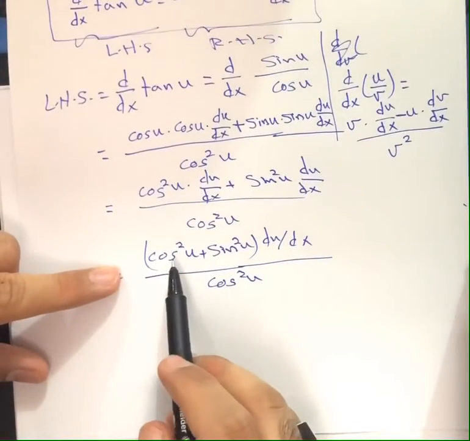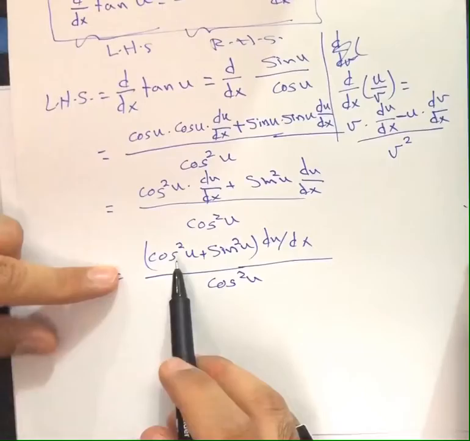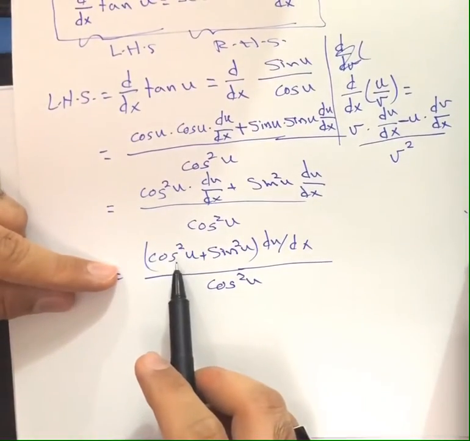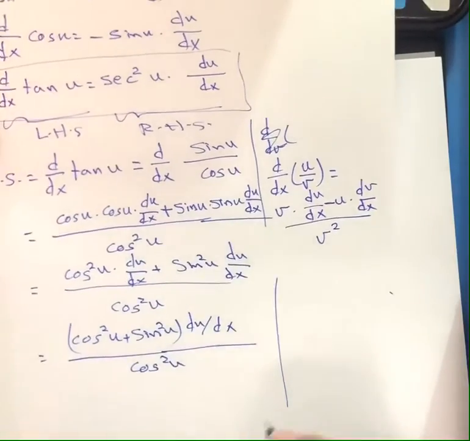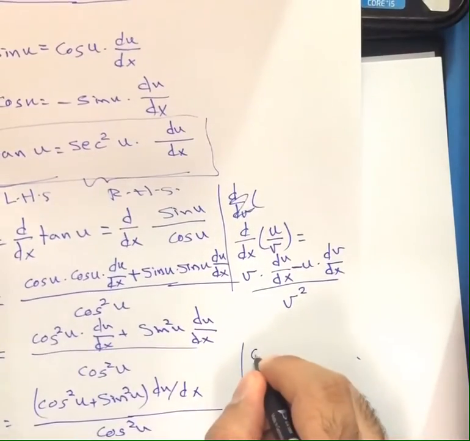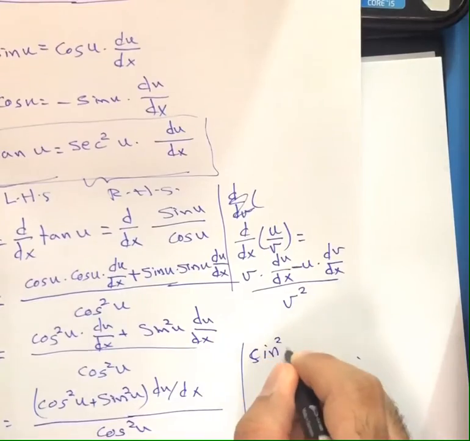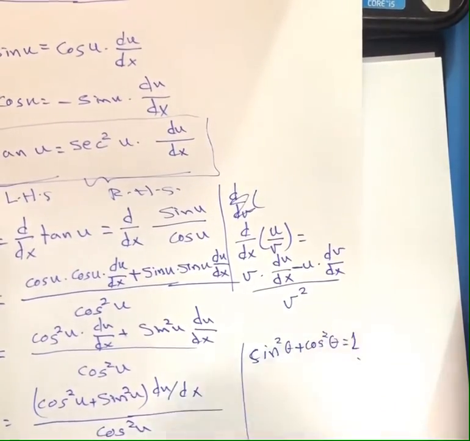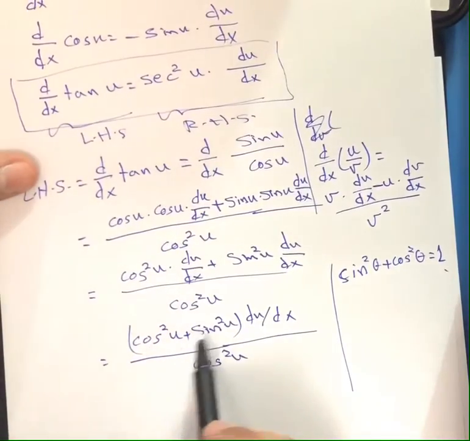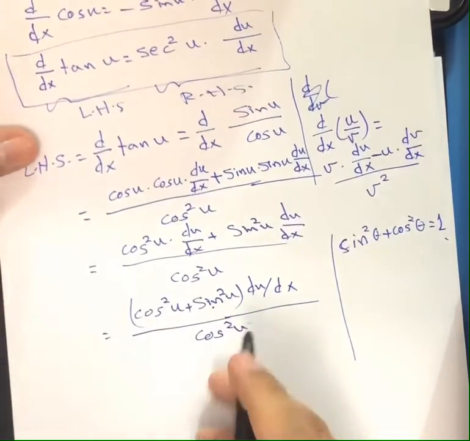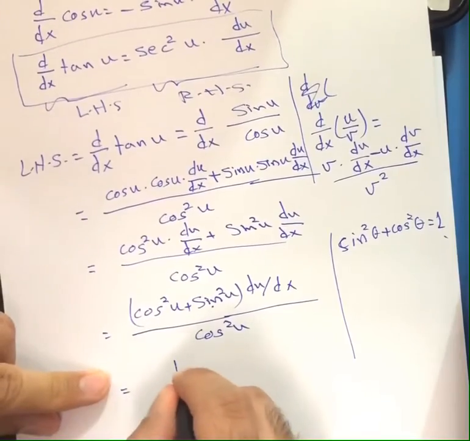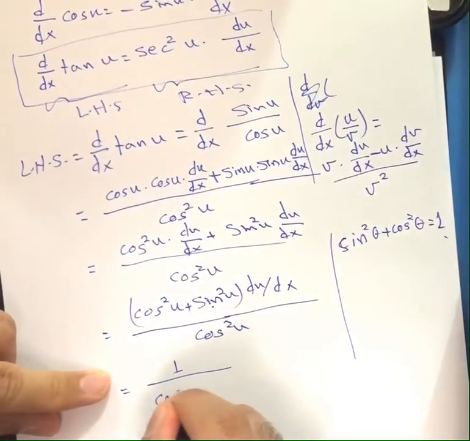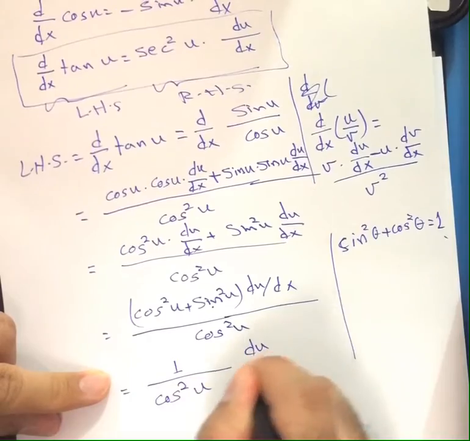Now we know one of the most important and famous trigonometric relations, which I remind you of as you took it in secondary school: sine square theta plus cosine square theta is 1. So cosine square u plus sine square u can be replaced by 1, divided by cosine square u multiplied by du by dx.